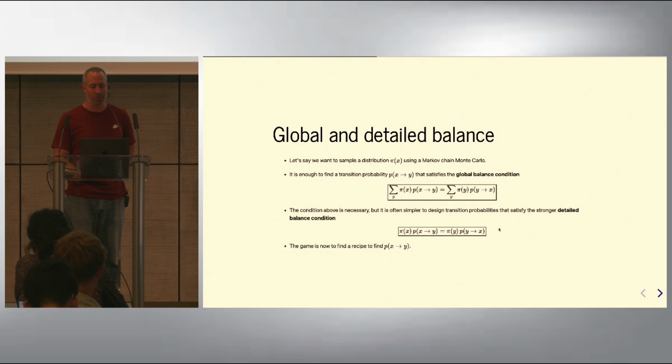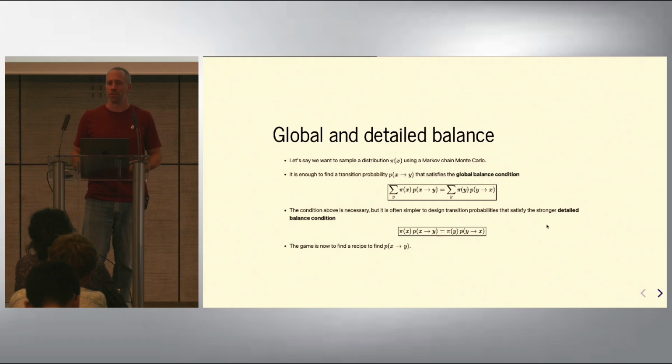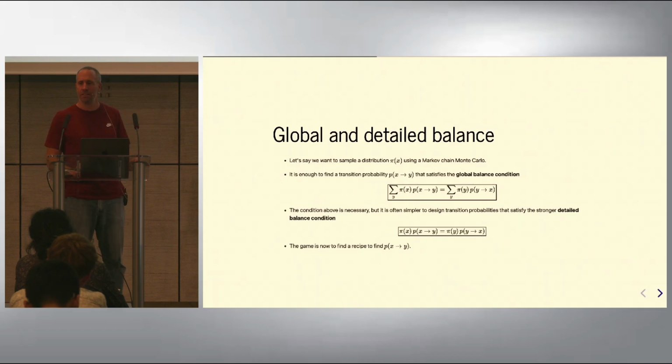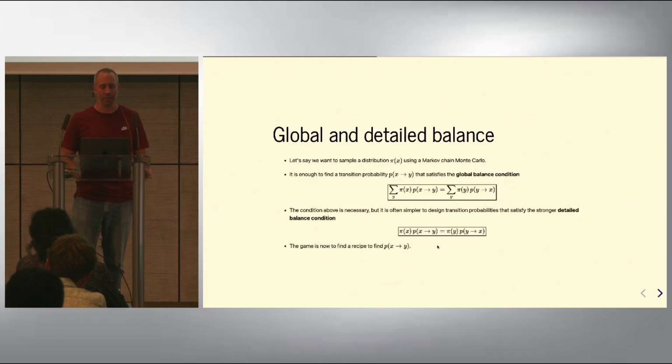So it imposes that those two things are the same for all values of x and y. Okay? So that's the detailed balance condition, and most of the common algorithms, and also the one that I'll be discussing in a minute, the Metropolis algorithm, is an algorithm that tries to satisfy the detailed balance condition. Okay? So again, this is simpler, but it's still not easy. We need a recipe to find P, this transition probability, if I have a certain pi of x, a target pi of x in mind. That's the game. All right?